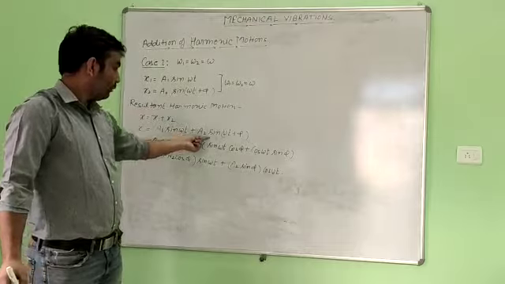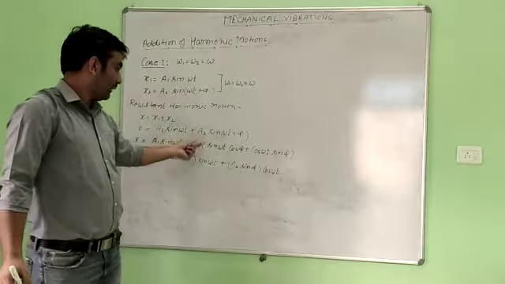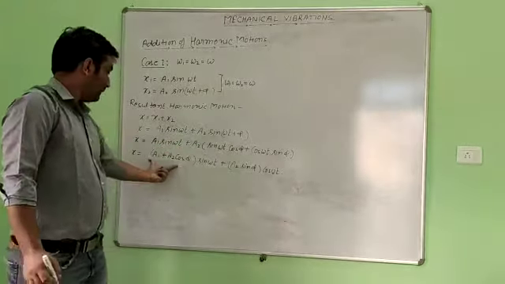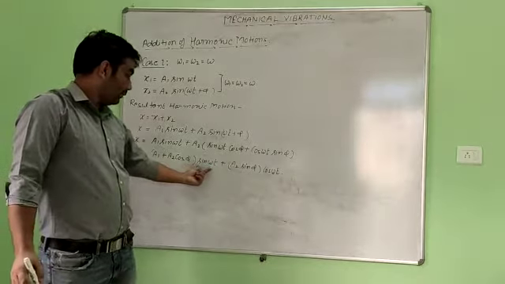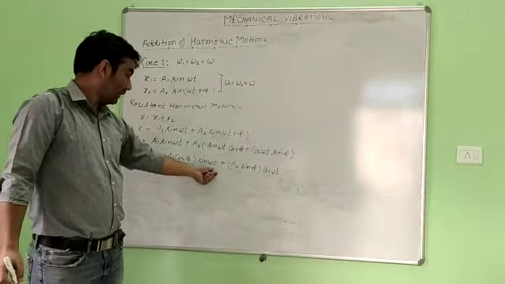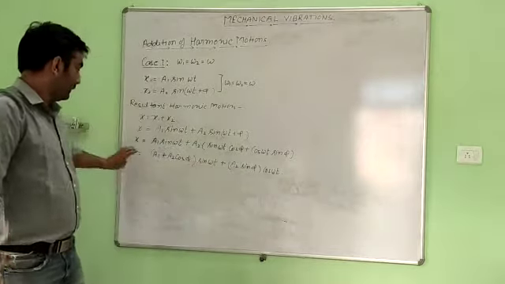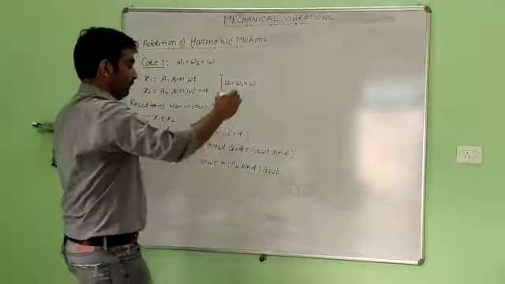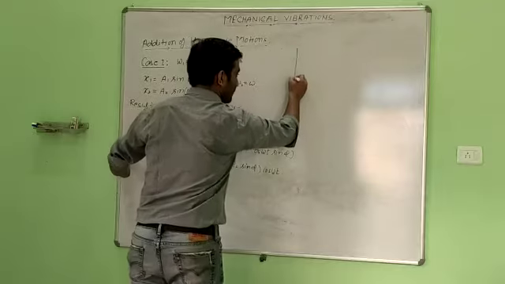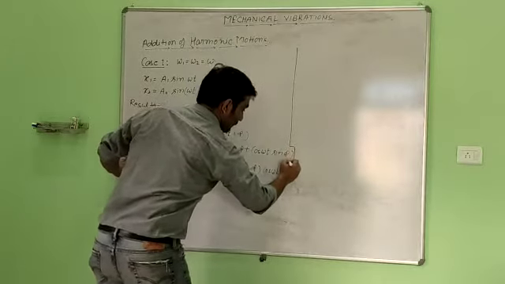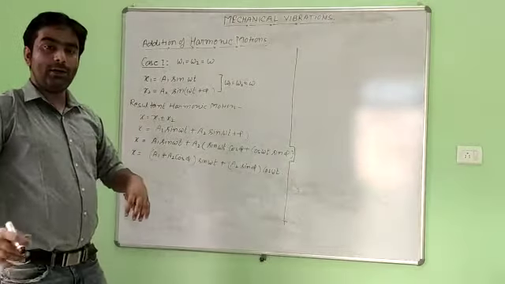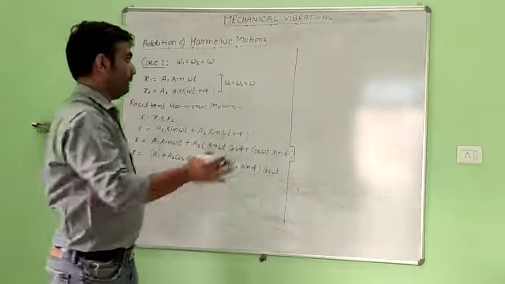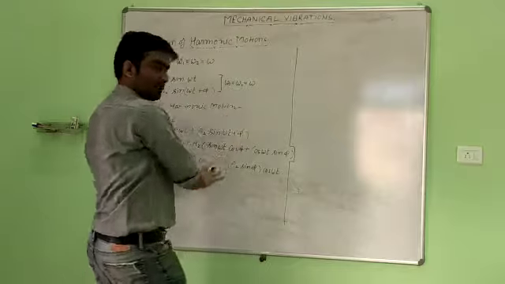Then again we will open these in such a way that finally we separate the coefficient of sin omega t and cos omega t. This is the one part. So now we have the resultant in this form.